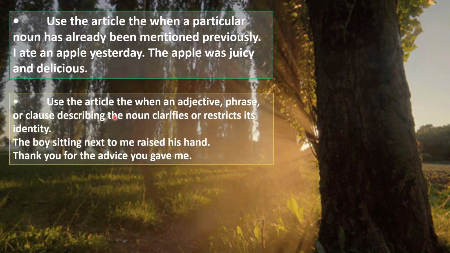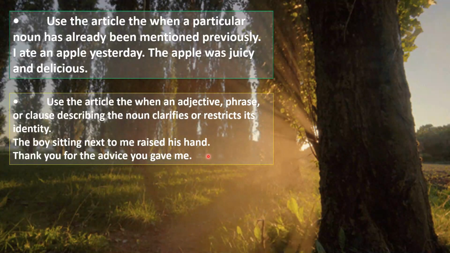Use the article the when an adjective, phrase, or clause describing the noun clarifies or restricts its identity. The boy sitting next to me raised his hand. Who is the boy? You clarify, you restrict, you limit the object.